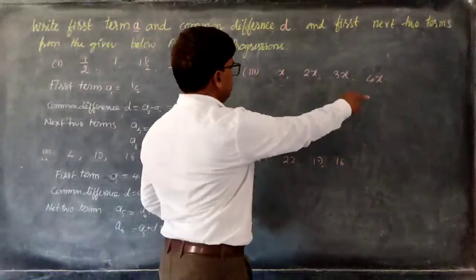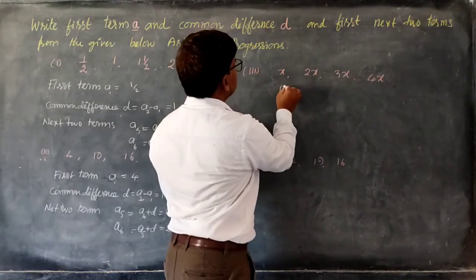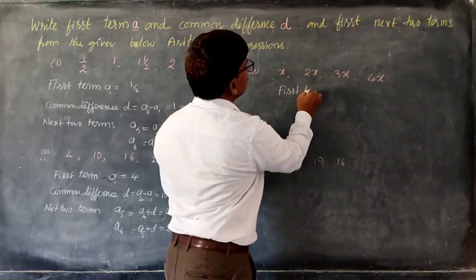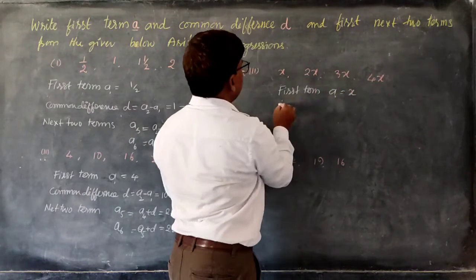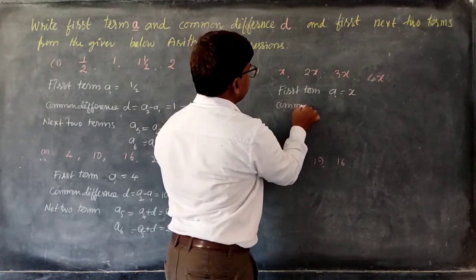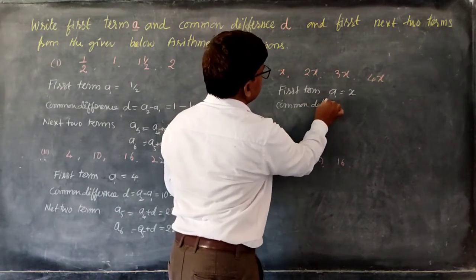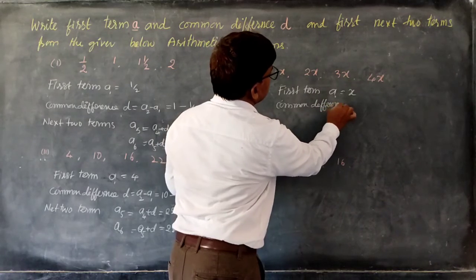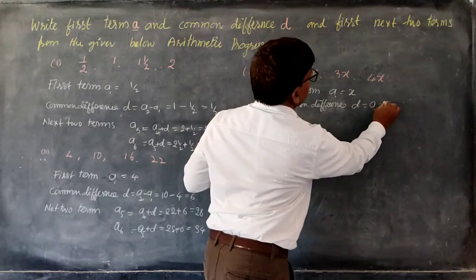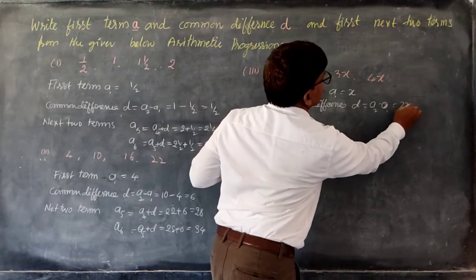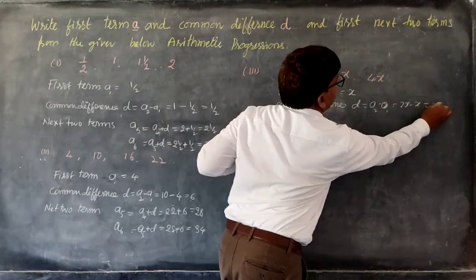Again see here, the first term A1 is equal to x and the common difference D is equal to A2 minus A1, that is 2x minus x is equal to x.